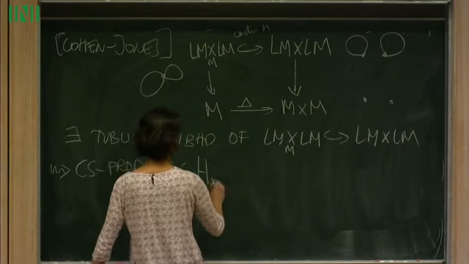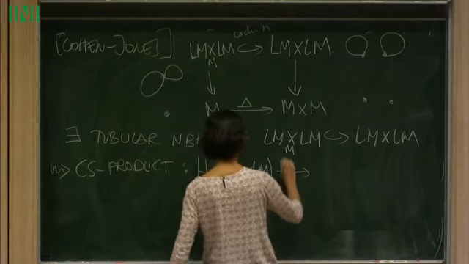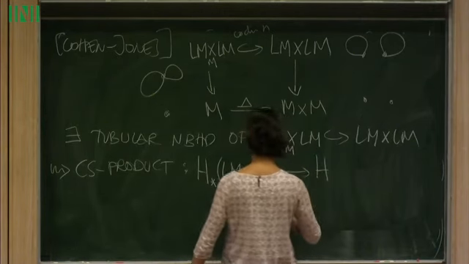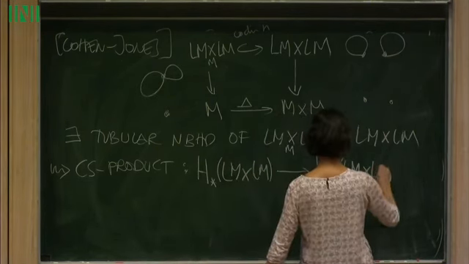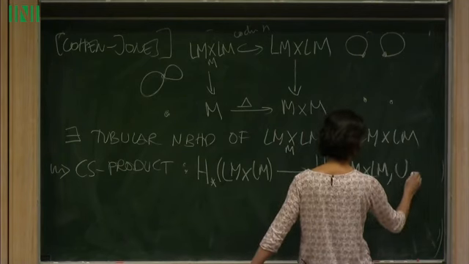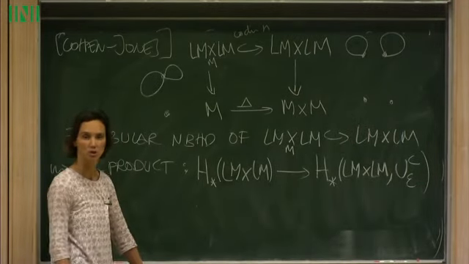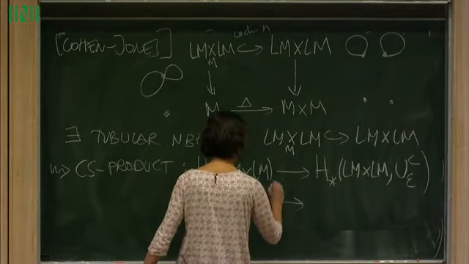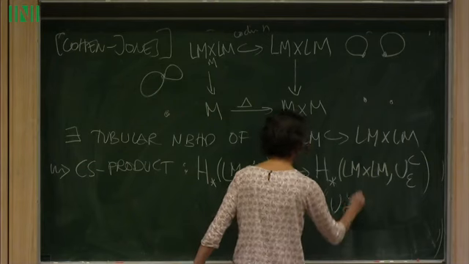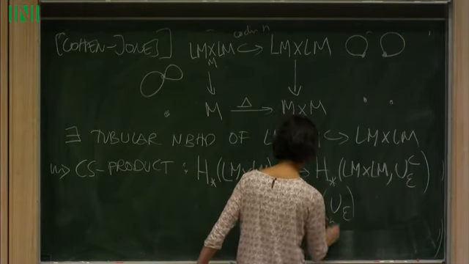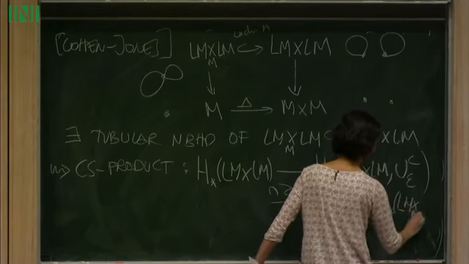You start with the homology of Lm cross Lm, and then you go to relative homology, if you like, Lm cross Lm relative to some complement of some epsilon neighborhood, which is this tubular neighborhood, and then you cap with the Thom class of this bundle, and you get into the homology of this neighborhood, shifted by minus n, which is isomorphic to the homology of Lm cross over m Lm.